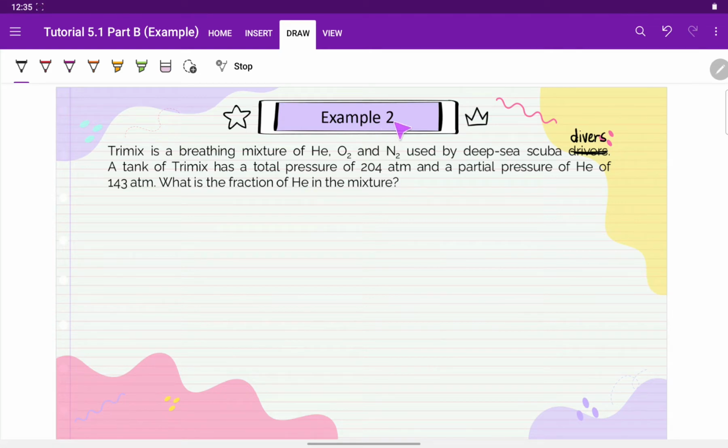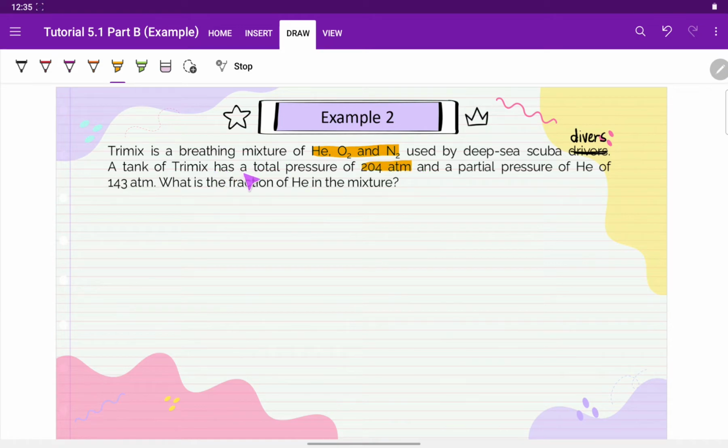Now, let's take a look at example 2. So, example 2, trimix is a breathing mixture of helium, oxygen, and nitrogen used by deep sea scuba divers. Okay, a tank of trimix has a total pressure of 204 atm.